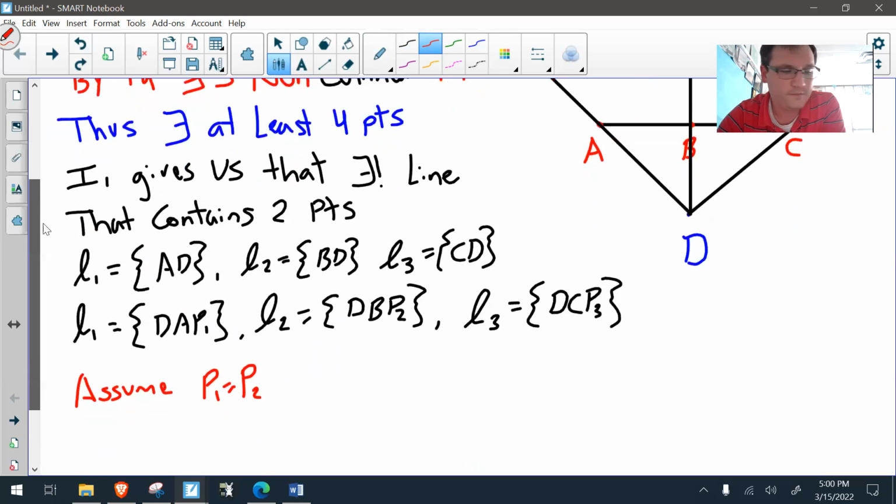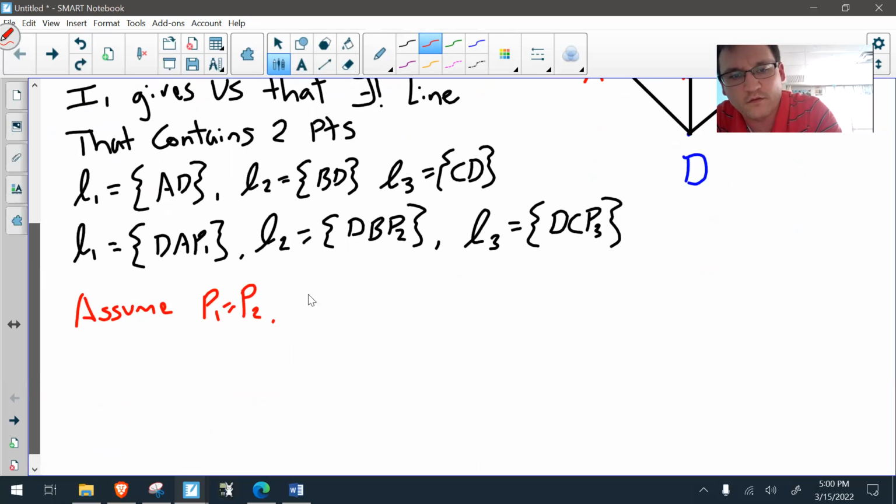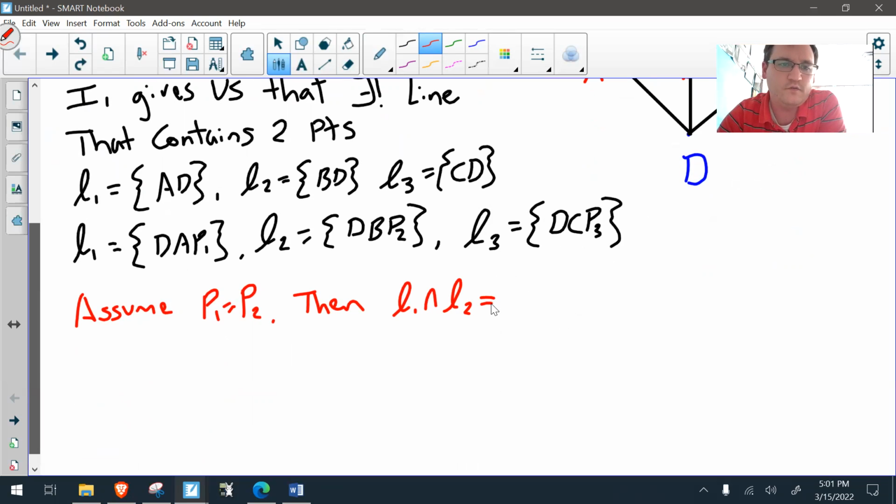However, if that happens, then let's look at line 1 with the intersection of line 2. Line 1 and line 2 both have segment D, and they both have that P1, P2. So let's say P1 equals P2, and let's just go ahead and call that point P.